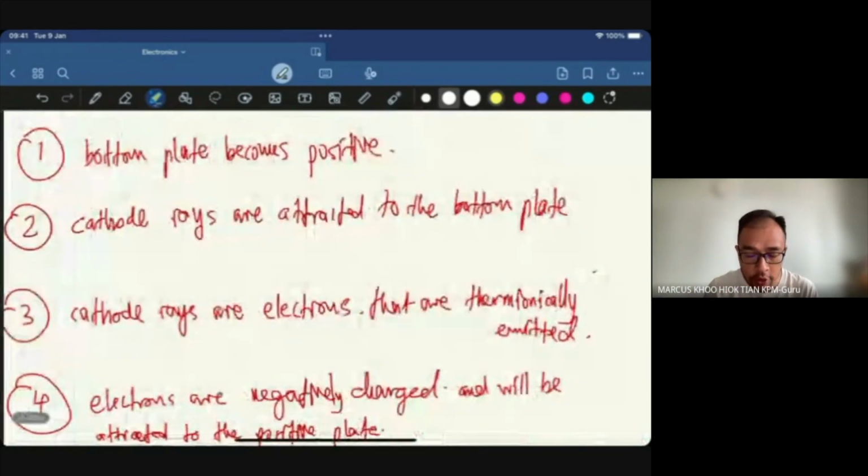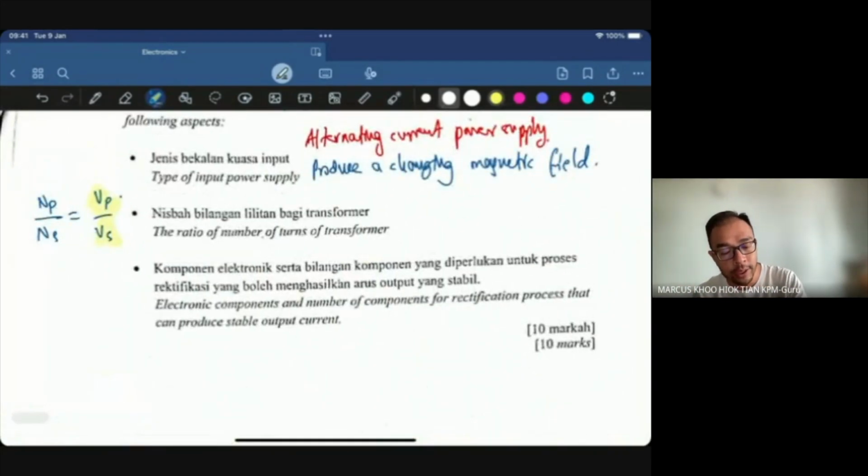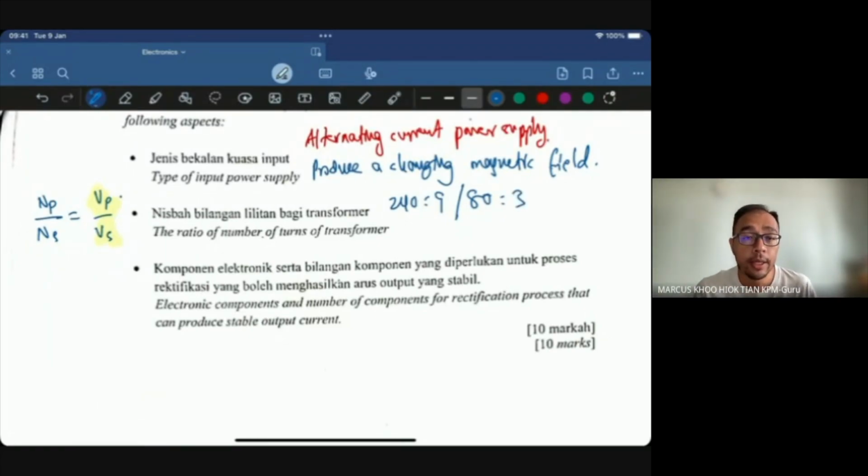So the ratio should be 240 to 9. But let's simplify this. Sorry, 80 to 3. 80 to 3 also can. So the ratio should be 80 to 3 or 240 to 9.